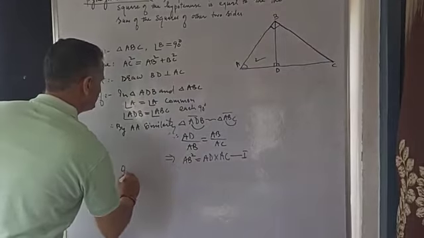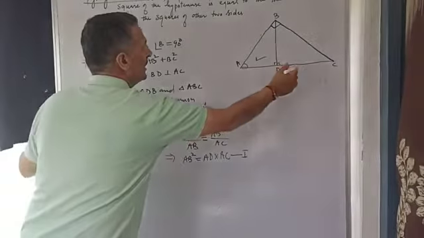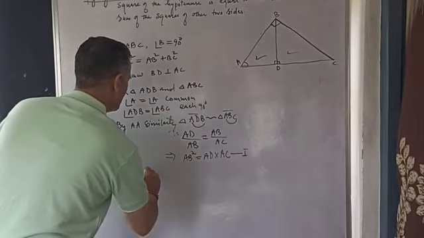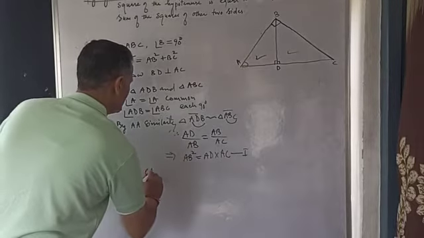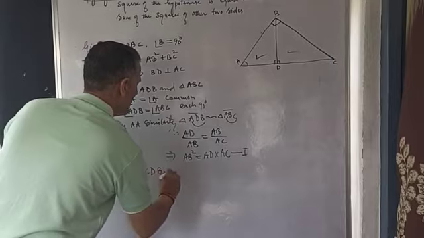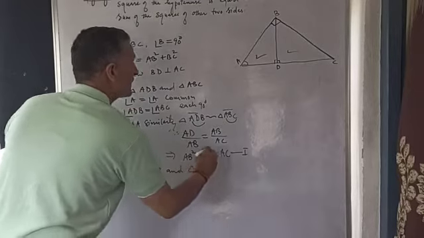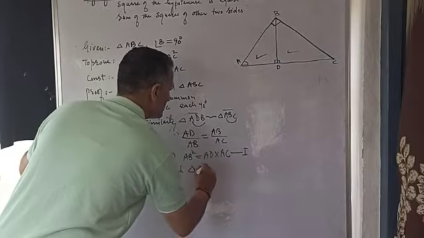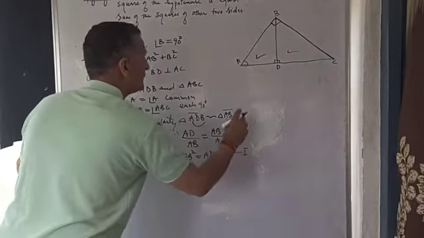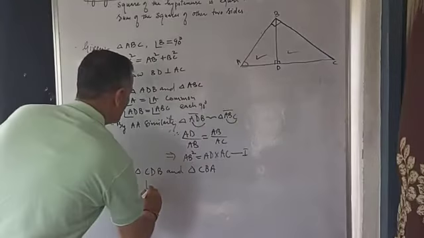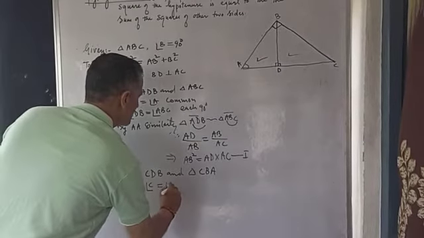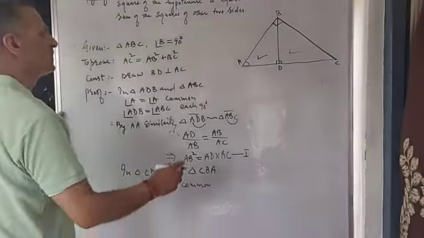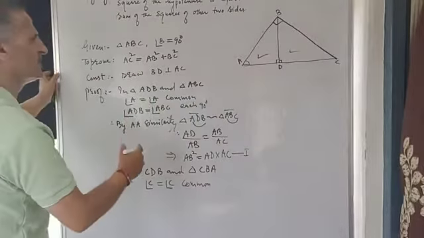In triangle CDB, sorry, in triangle CDB and triangle CBA, these two triangles, angle C is common in both. Angle C equal to angle C, it is common. You can use theorem number 6.7 directly also.